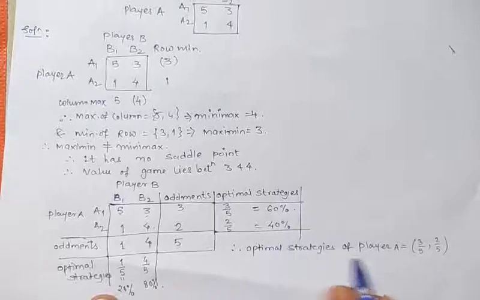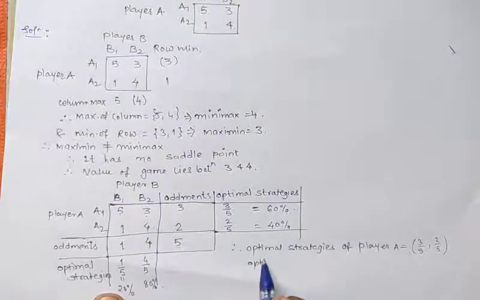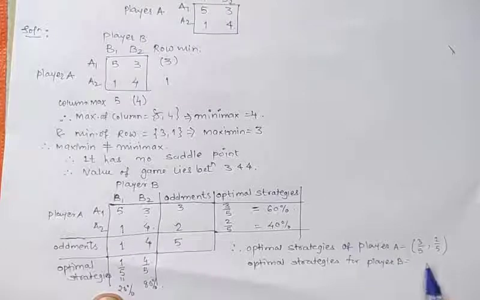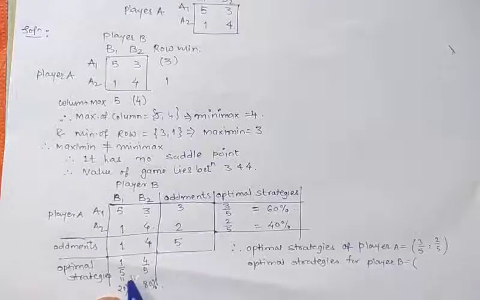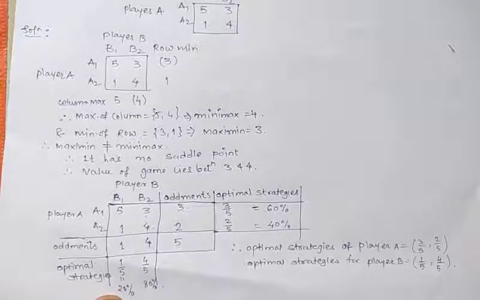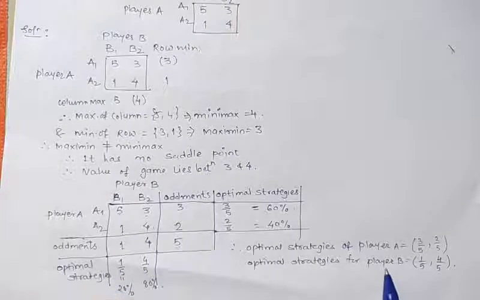And the optimal strategy for player B is 1/5 and 4/5. So 1/5 and 4/5 is the optimal strategy for player B.